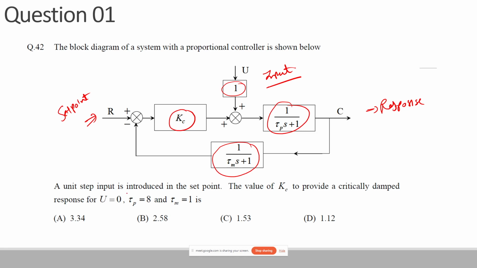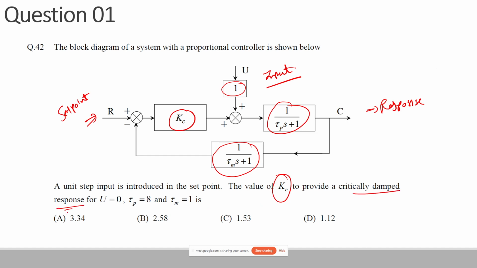We have been asked that a unit step input is introduced in the set point; the value of Kc to provide a critically damped response for u equal to 0, tau p equal to 8, and tau m equal to 1 is dash. So over here we have to find this control parameter Kc such that the response is critically damped.